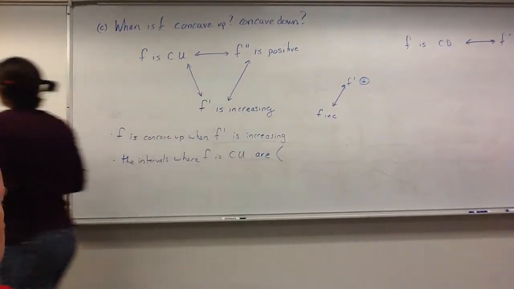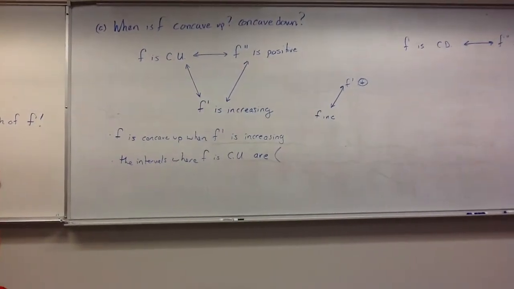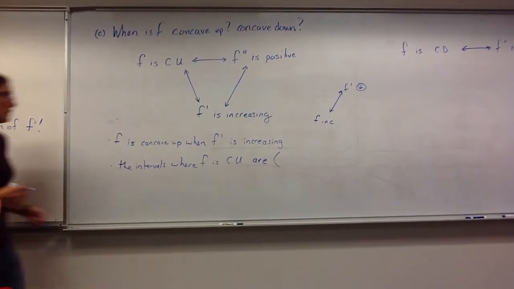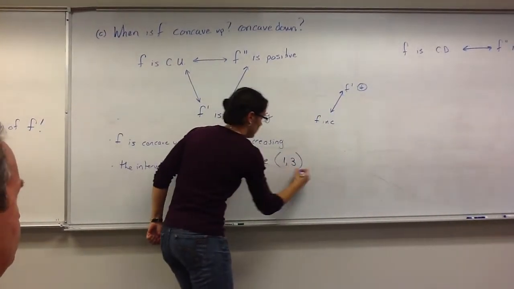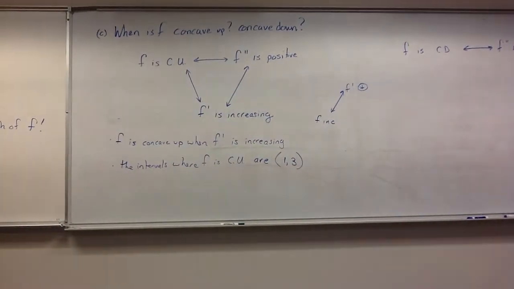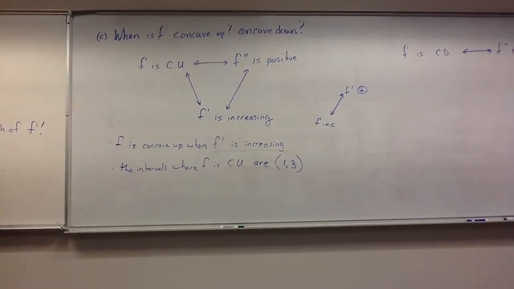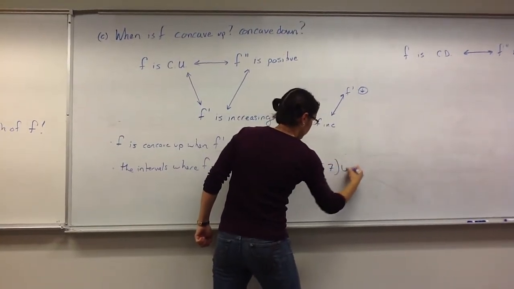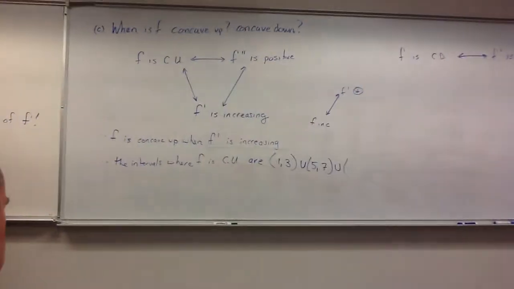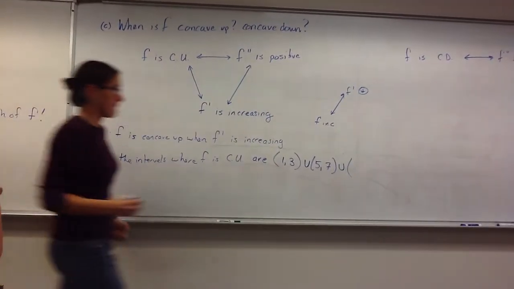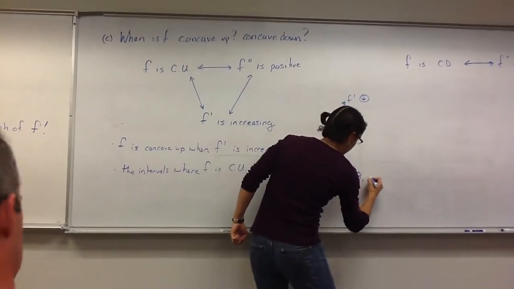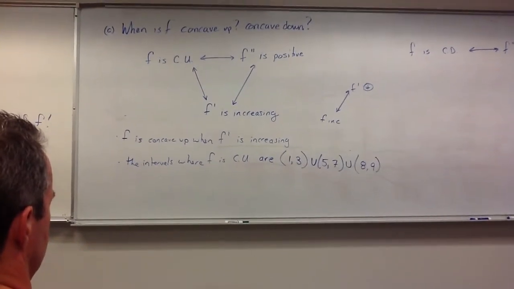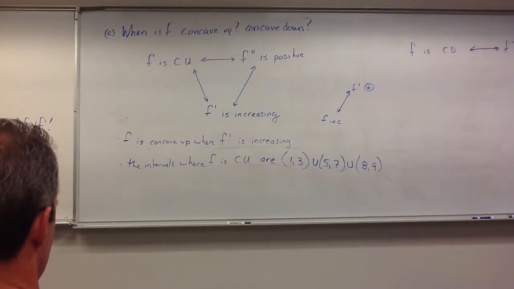Well, let's see, they're the intervals where f prime is increasing, so that's from 1 to 3. And then from 5 up to 7. And then from 8 to 9. Okay, so these are the intervals when our original function f is concave up.